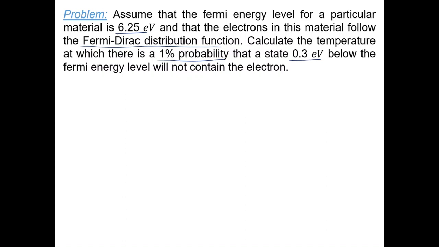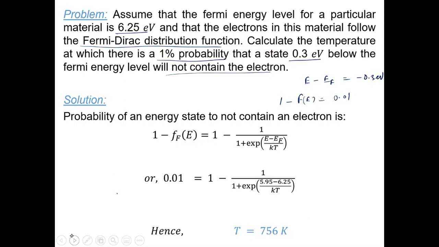0.3 electron volt below the Fermi level, so E minus EF is equal to minus 0.3 electron volt, and 1% probability that a state is not containing an electron, which means we are saying 1 minus F(E) is equal to 1%. Convert percent into numbers, so 0.01. Now the rest should be straightforward.